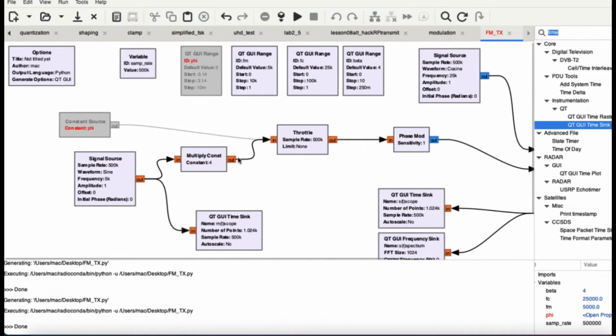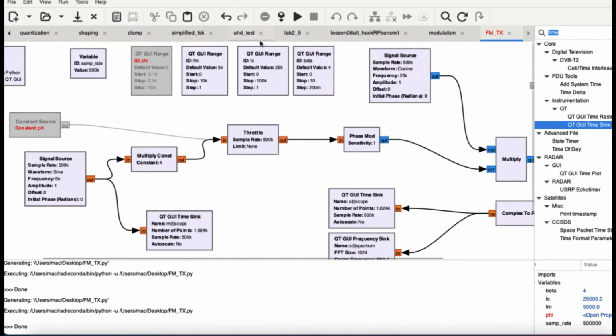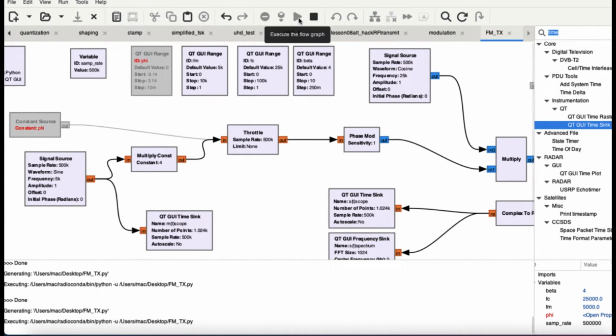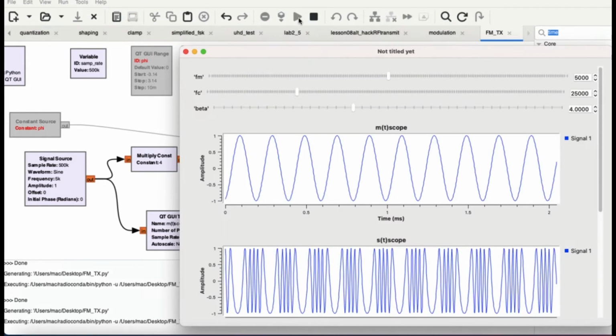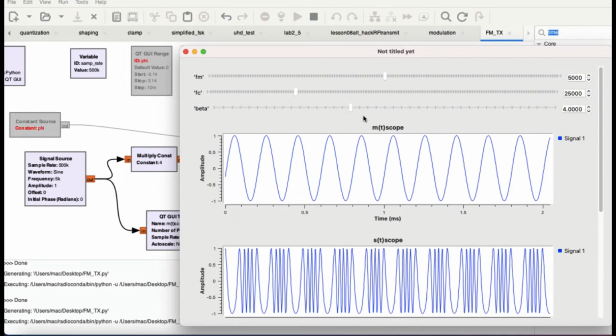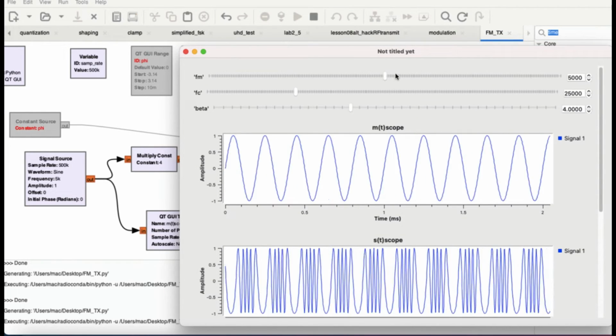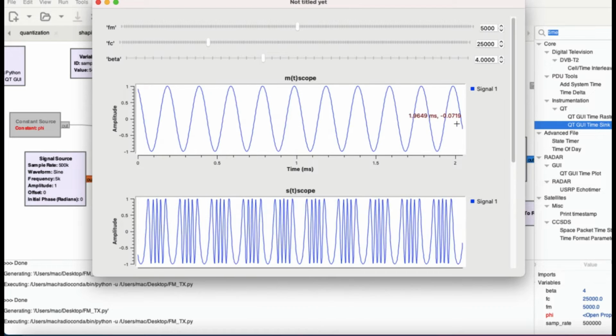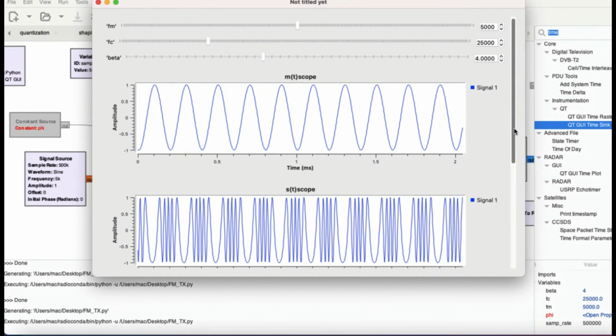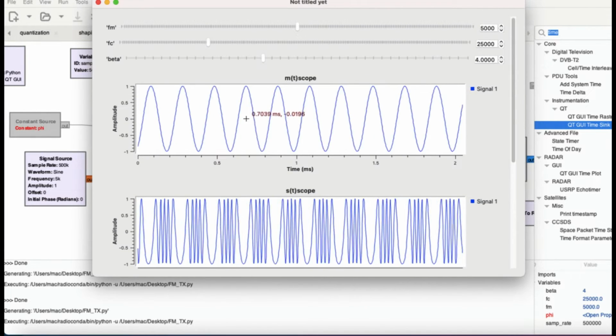Now let's run this flow graph and see if everything is working fine. If you were to just hit play, and let's see. Beautiful. Now you can clearly see, I'm seeing a change in frequency. This is just your modulating signal.